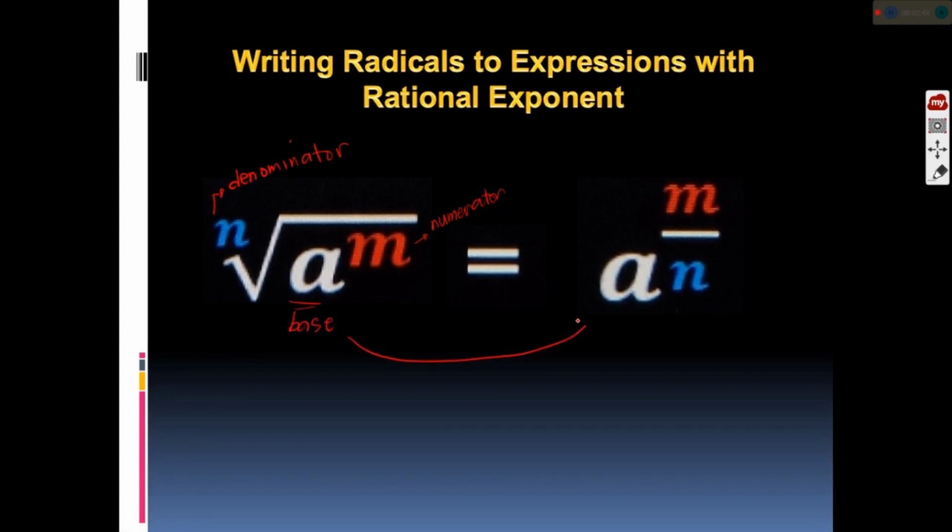So, kapag translate into exponential form, a raised to m over n. Yung numerator, yung exponent na m, diretso ilagay nyo yung over n na index. Okay, so that's it for writing radicals to expressions with rational exponent.